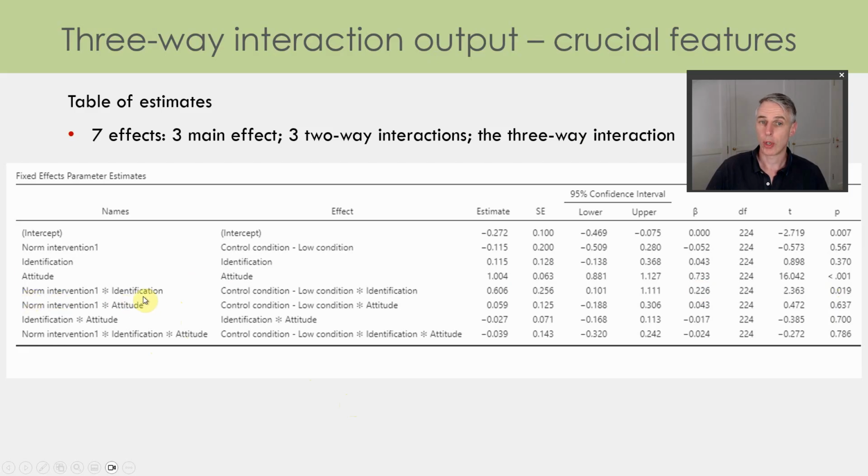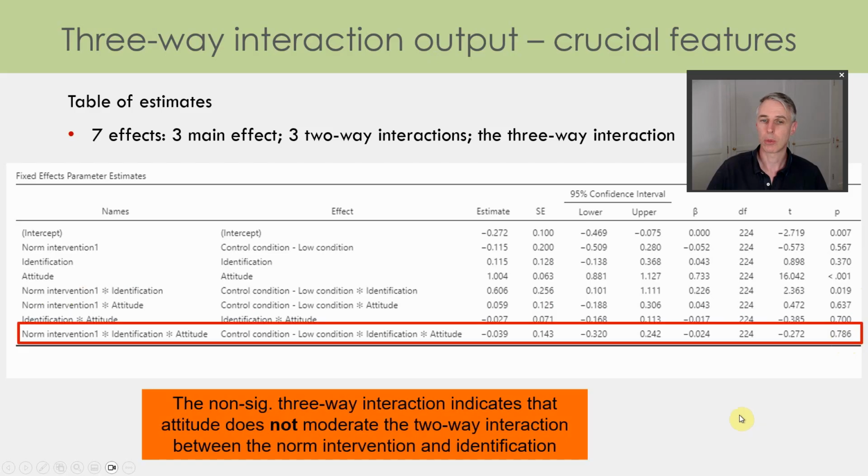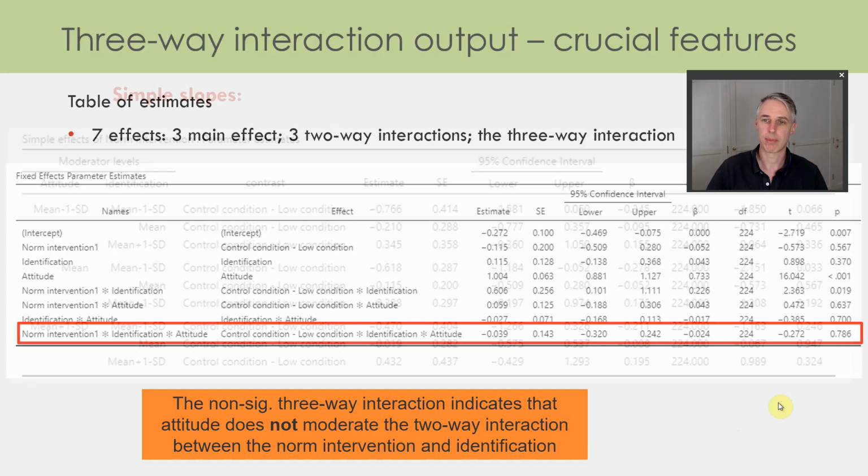That interaction that we saw in the previous analysis between the norm intervention and identification is still significant. Does that in turn depend on attitude, tested by the 3-way interaction? No, it doesn't. So in other words, attitude, that second moderator, does not qualify or moderate the 2-way interaction between the norm intervention and identification.